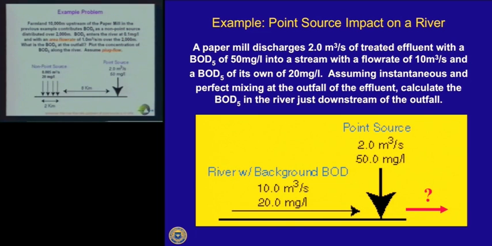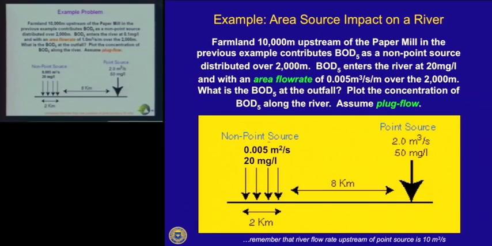Okay. How do I represent that mass flow into the river from a distributed source? Well, generally you've got to do a lot of averaging. Okay. And you would represent this as the mass per time input per length. And then you look over the whole length. Or if you're interested about halfway downriver in the middle of this distributed source, then you would only look at half of it.